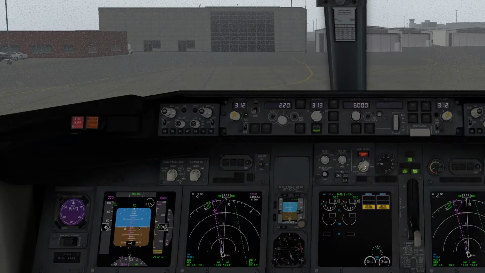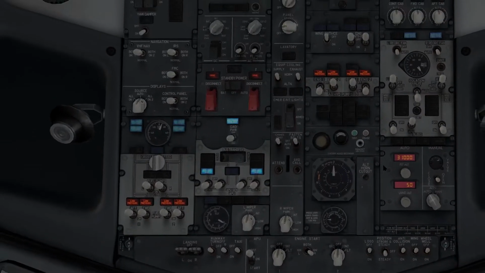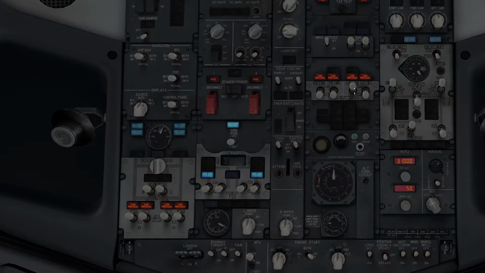Autobrakes on rejected takeoff, and select overhead. We can put the electric hydraulic pumps on and start the APU. Fuel pumps on. APU on, light illuminates, start switch 1, 2, 3, 4, release. You have EGT rising.